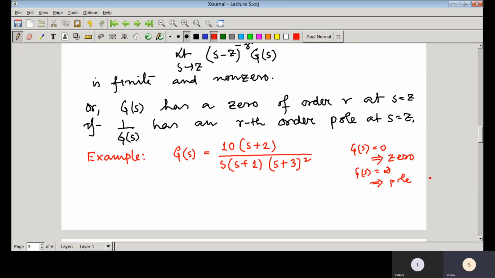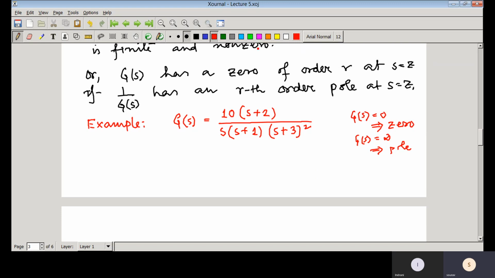So in this particular example, if you take s equal to minus 2 and put it here, then you can see G(s) equal to 0. That means s equal to minus 2 is a finite zero. Similarly, there are 3 other zeros at infinity.